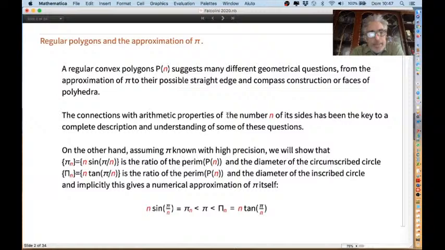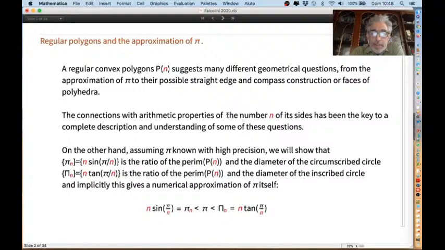On the other hand, assuming pi known with high precision, we will show that the sequence, which I will call small pi n, equal to n times the sine of pi over n, represents the ratio of the perimeter of the polygon Pn with the diameter of the circumscribed circle.